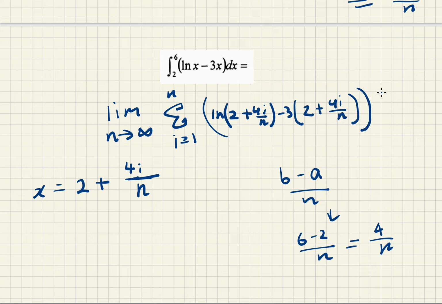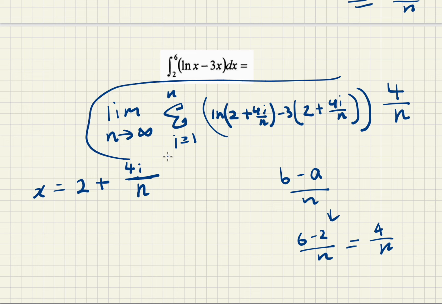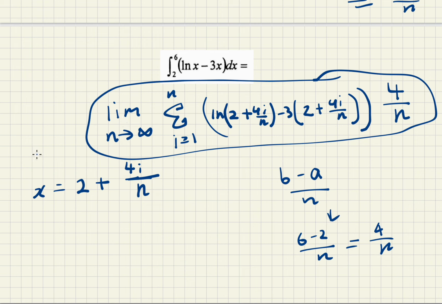Okay? And don't forget about the height, which was, as we calculated, 4 over n. So this is our sigma notation. This is our limit from the definite integral.